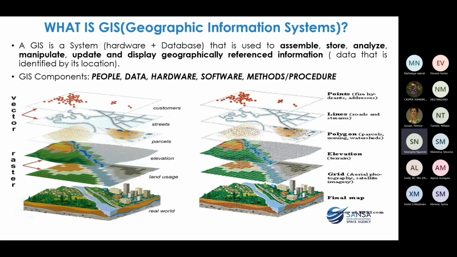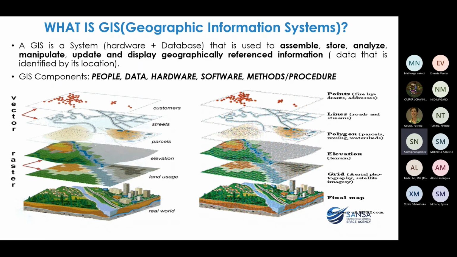So after all the data is collected through remote sensing by satellites, that data will then be used in GIS, or geographic information systems. And GIS is a system that is used to assemble, store, analyze, manipulate, update, and display geographically referenced information or data that is identified by its location.